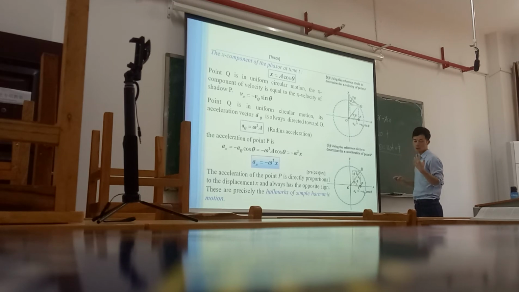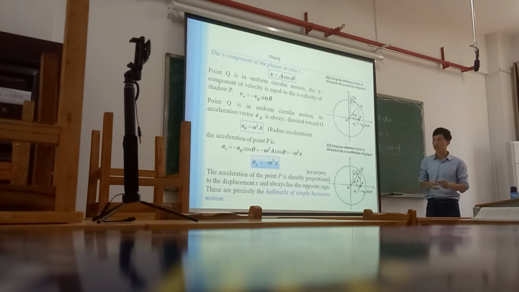So to the right is positive and to the left is negative, because we choose the right as the positive direction.